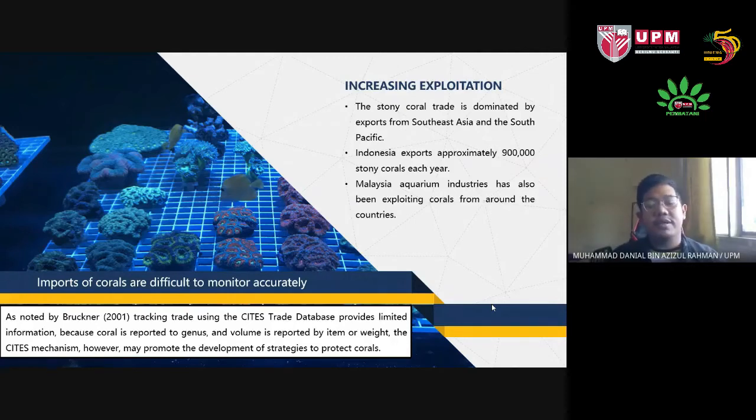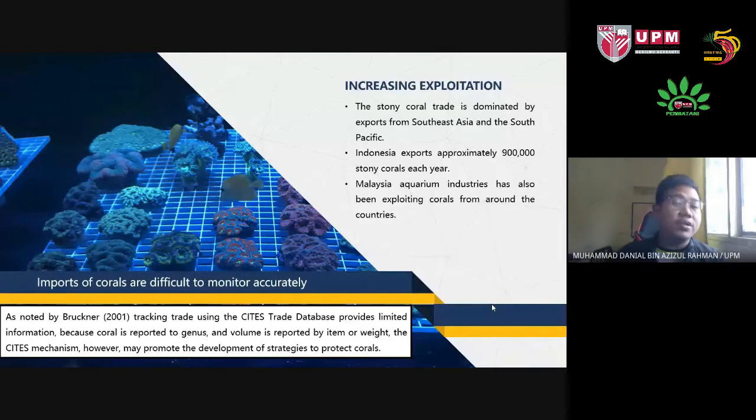The Malaysia aquarium industry has also been exploiting coral from around the countries, but the government of Malaysia has limited certain industry or certain species, so our coral reef is not affected so much.